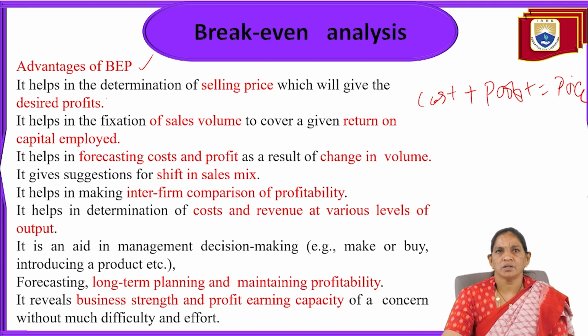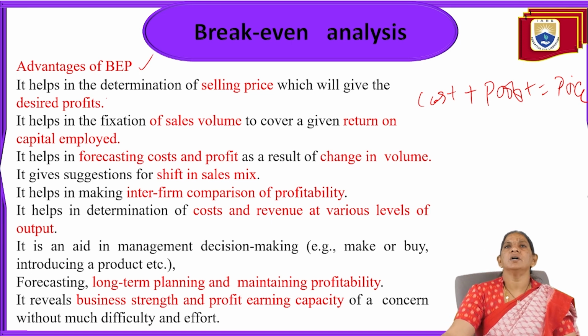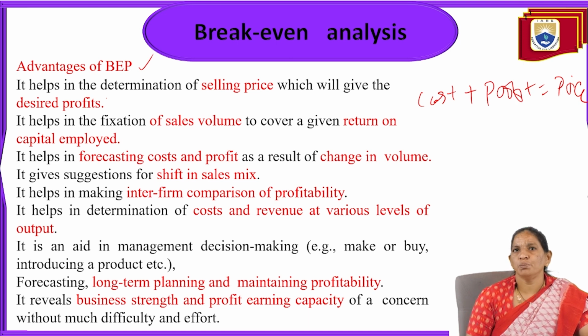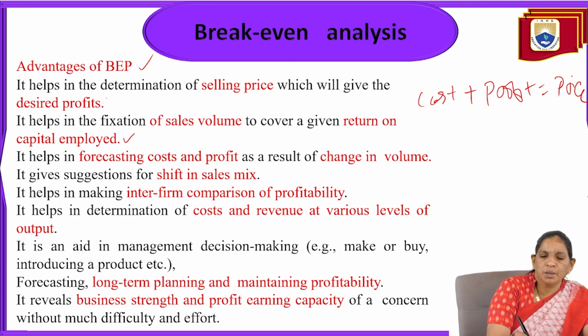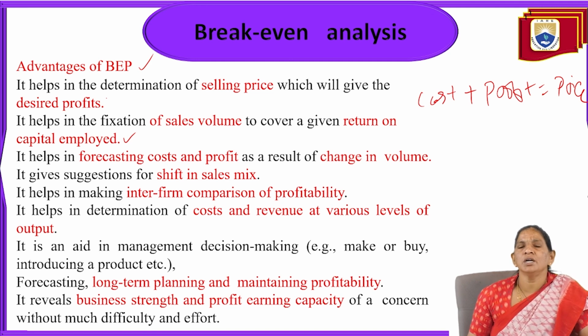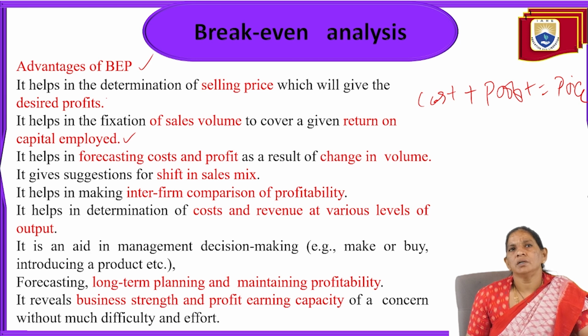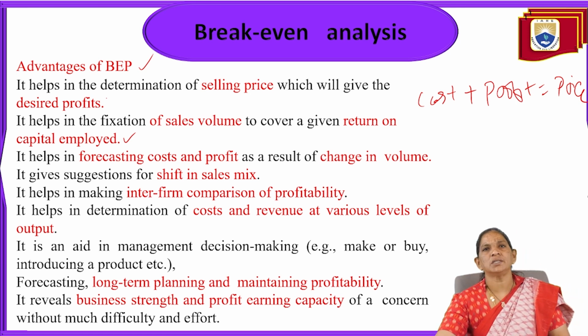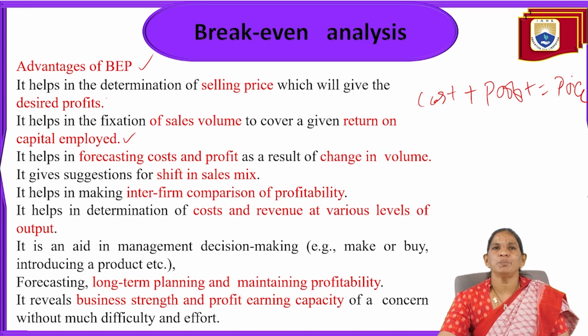And this break even will also help us in fixation of sales volume to cover the return on capital employed. Return on capital employed means what sort of return we are getting upon the invested capital. For example, if I invested 1 lakh rupees and the profit we got is 20,000, that is 20%.